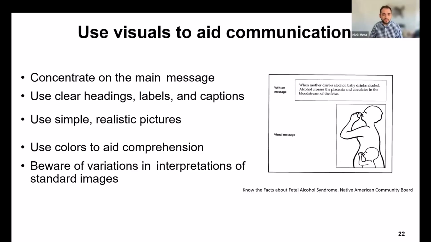So three, use simple, realistic pictures. Research shows that when illustrating a medical concept, simple line drawings are often most effective. And then four, use color to aid comprehension. So for example, in the Pacific Northwest this summer, there were warnings about air quality due to forest fires, which happen quite frequently.